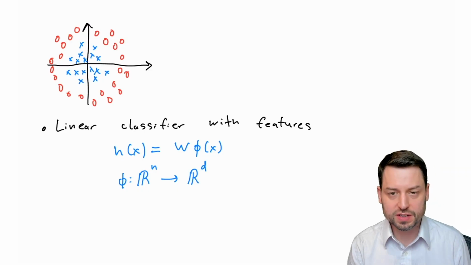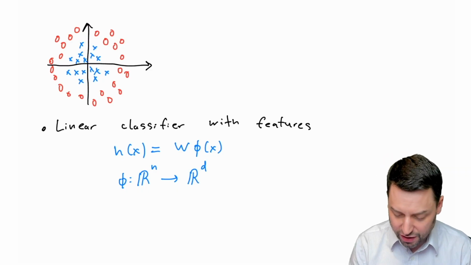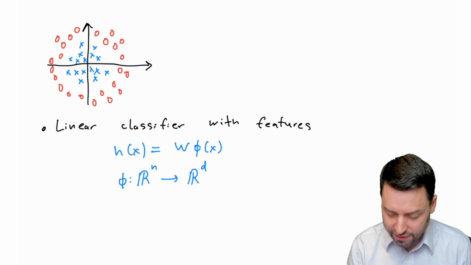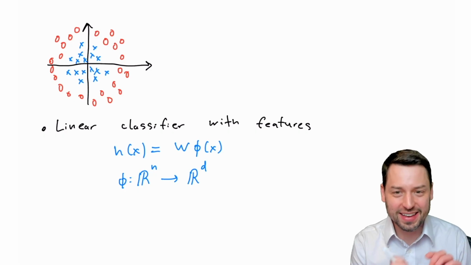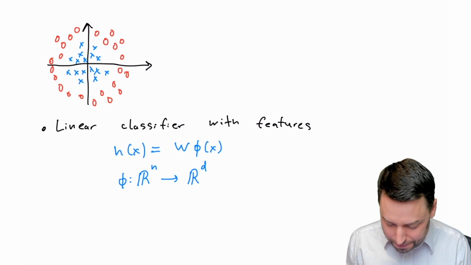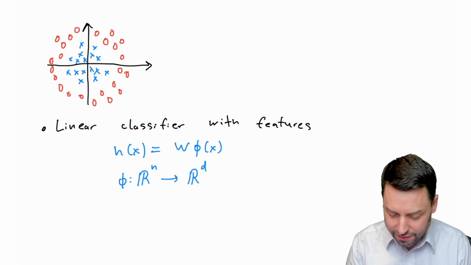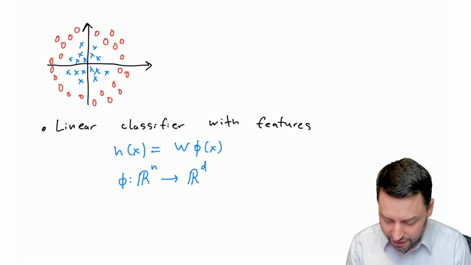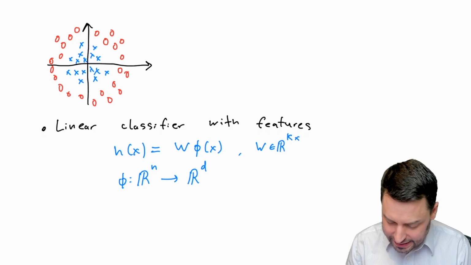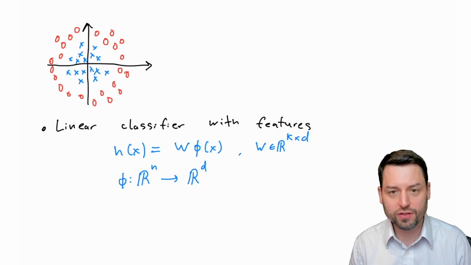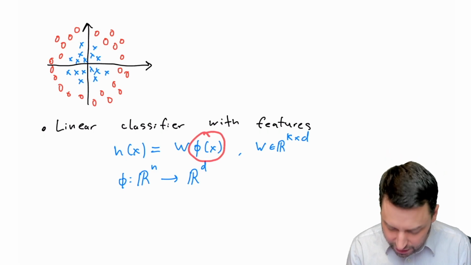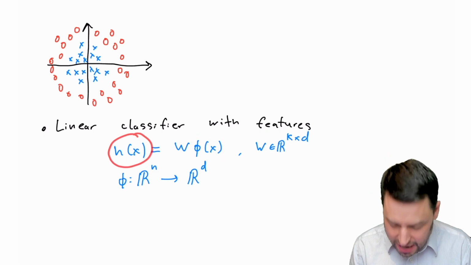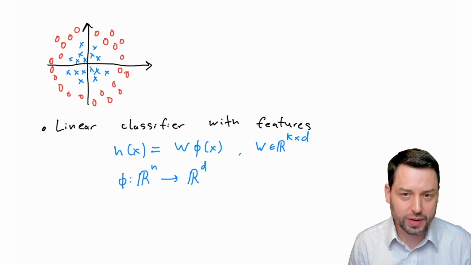We'll give some examples of this in a second, of what features would actually make that linearly separable. But conceptually, this is our classifier. And here, to make the sizes work, W would be a matrix which is K by D now, because we want to transform our D-dimensional set of features into a K-dimensional output. That's the number of classes we have.